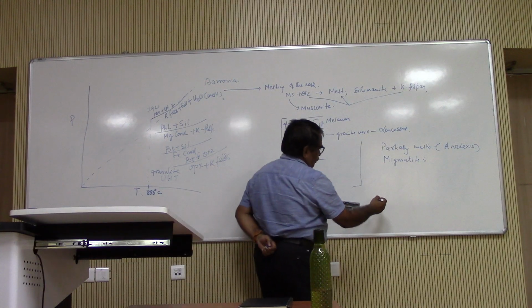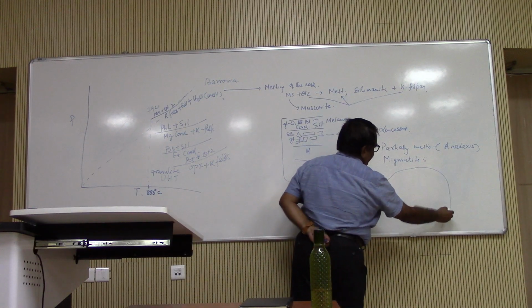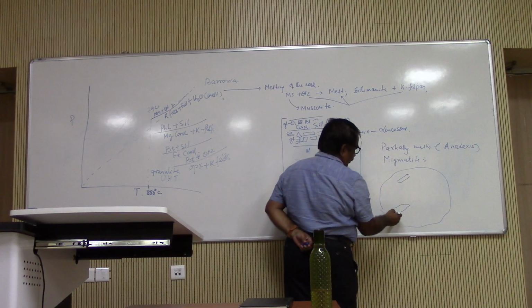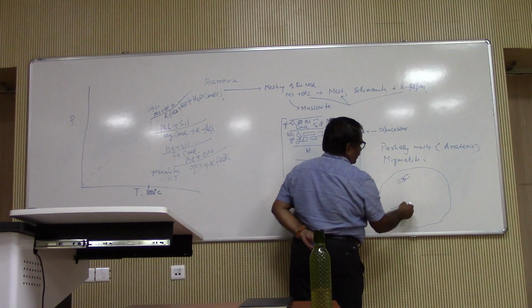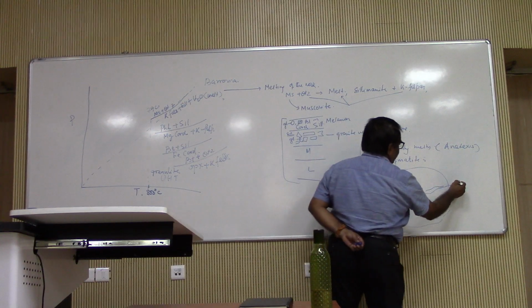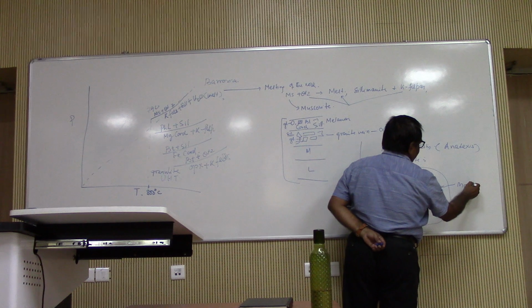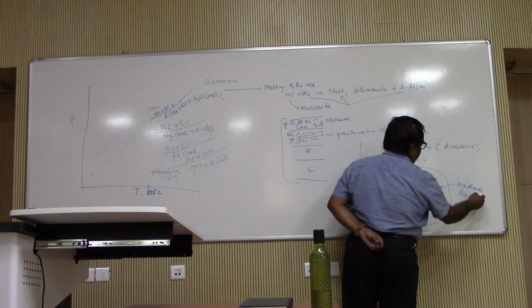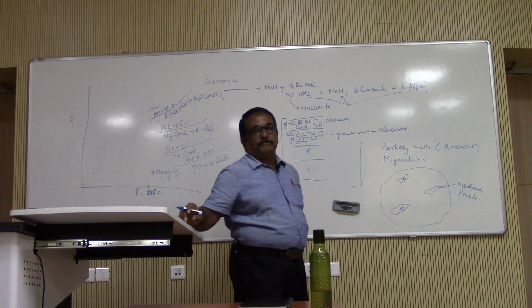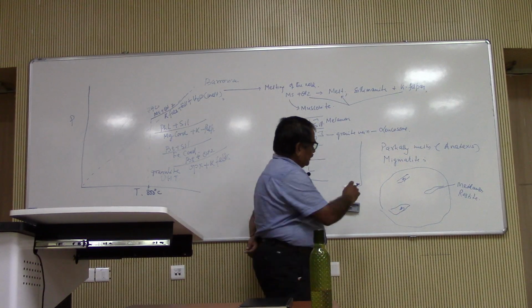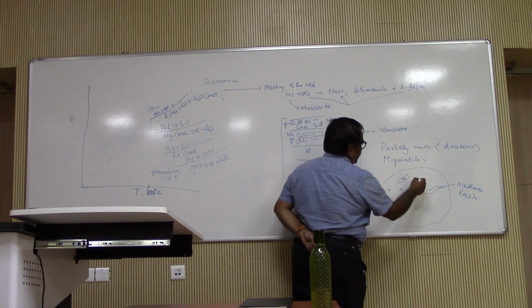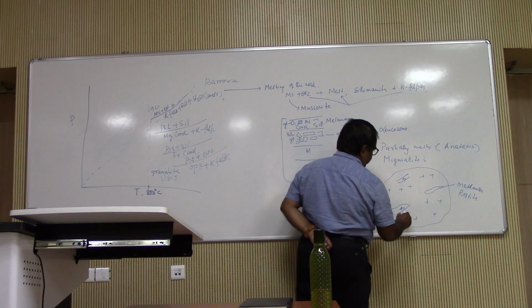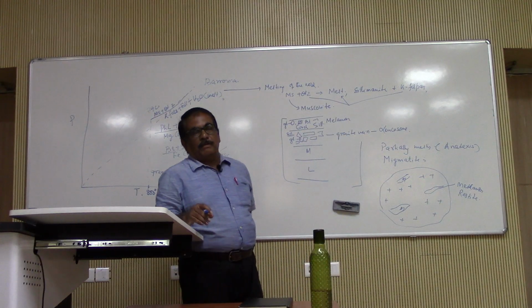So a rock like this, you may find, has only a little melanosome lying here and there. A restite, something that is left over. Rest is your melt portion. Understood, na?